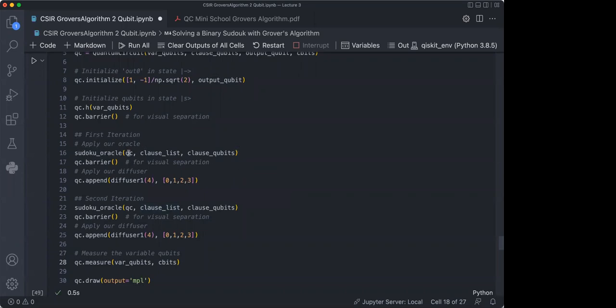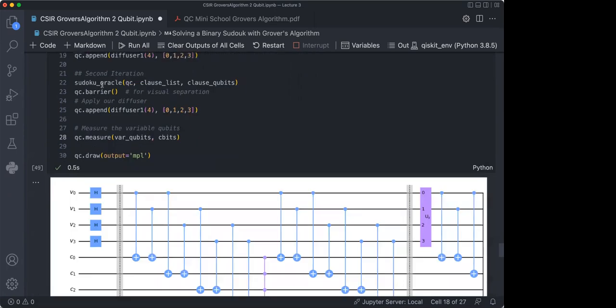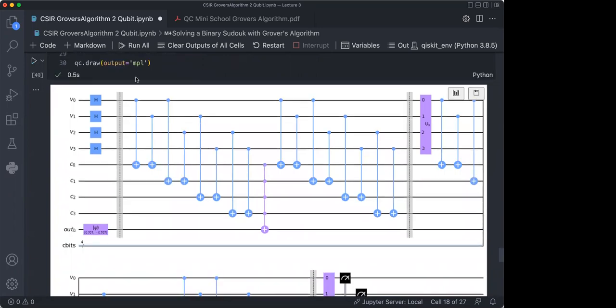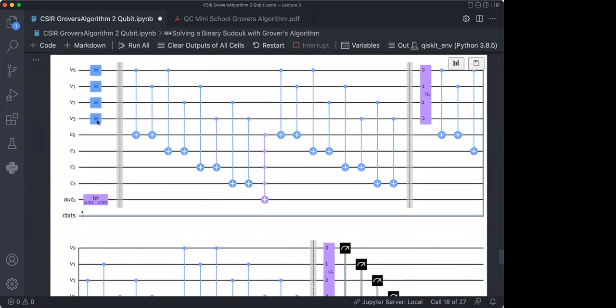The first iteration, we put in the Sudoku oracle and our diffuser. And then the second iteration will also be another diffuser, and then we measure the variable qubits and store it in our classical bits. And this is what the circuit will look like. So we place it in uniform superposition. Once we've done that, we initialize the output state to the minus state, and then we apply the Grover's oracle, which we've constructed above.